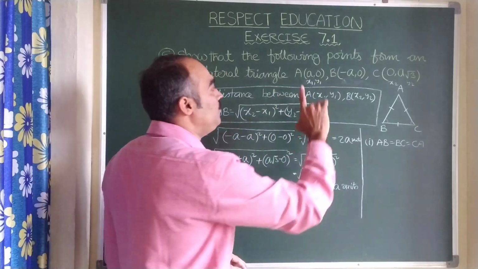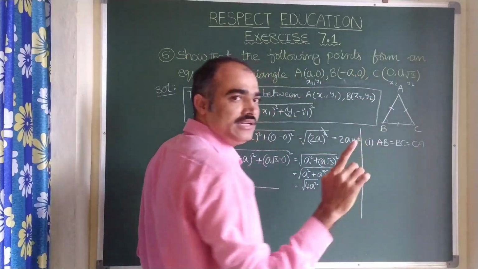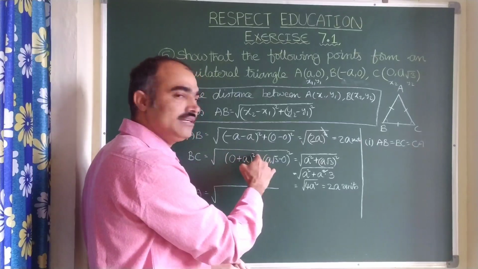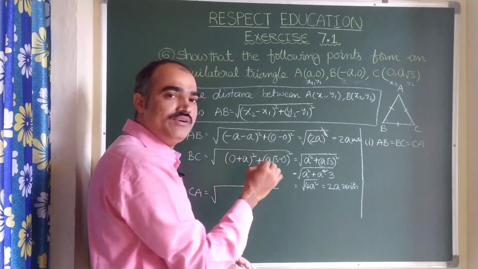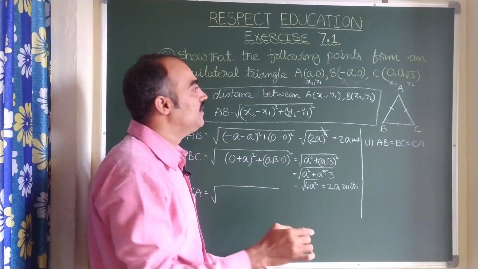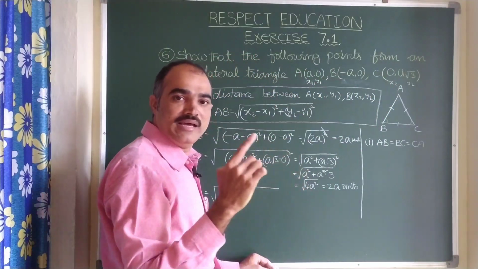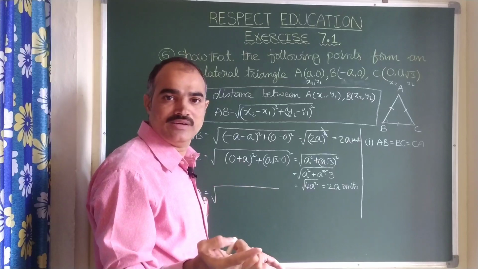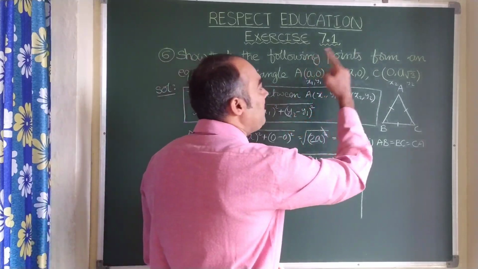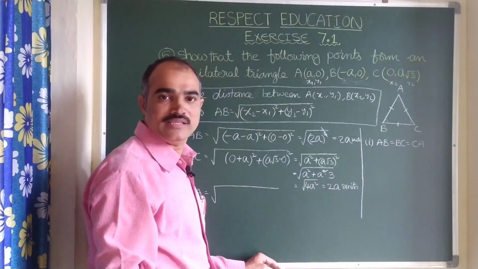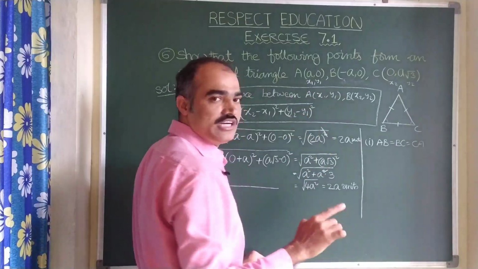In fact you can do x1 minus x2 also, nothing wrong. Why? Because you are squaring, so under the square both values will give the same answer. 0 minus a whole square is (minus a) whole square, nothing but plus a square. If not, (a minus 0) whole square is also plus a square. So however you take, it's not at all a problem.